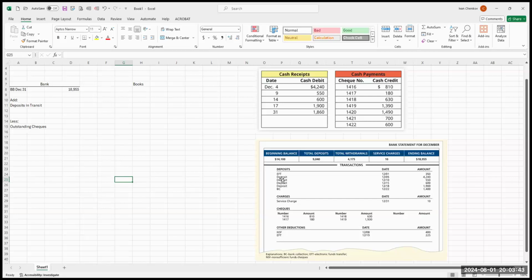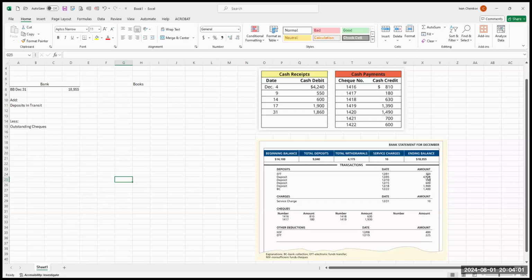Do we have that kind of deposit in our bank? Yes, we do. First deposit is for $4,240. So this deposit from our books was deposited in the bank. So we don't have to do it. That's not in transit.